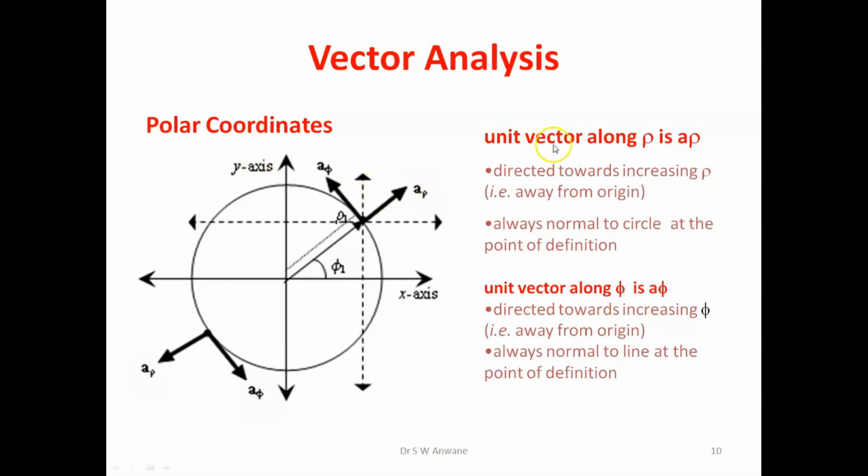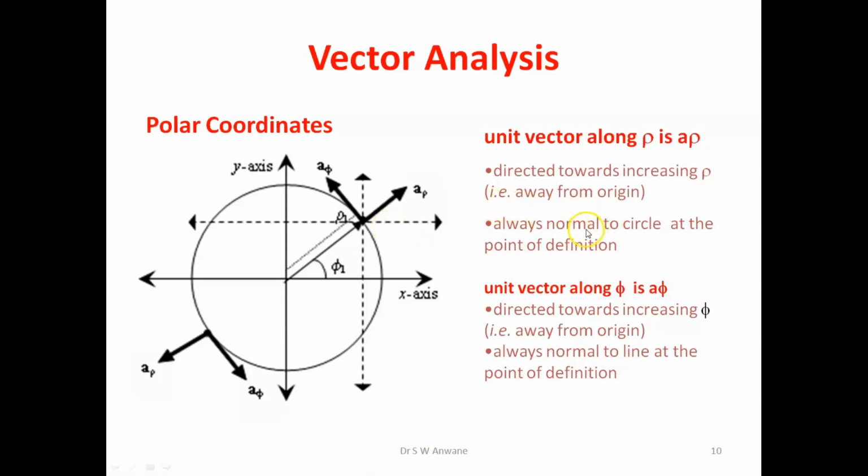Similarly, we shall define the unit vector along ρ, and that we are calling ρ cap. This ρ should be in suffix. It is directed towards increasing ρ always. So a ρ cap is always pointing outwards from the origin, and it is always normal to the circle at the point of definition.